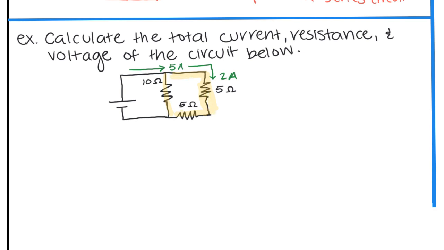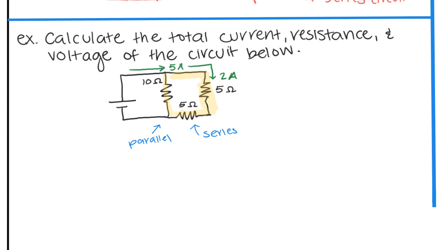So I'm going to put series and parallel circuit to indicate that both elements are being combined in this problem. I intentionally chose this problem because both of these elements are going to be combined together here.